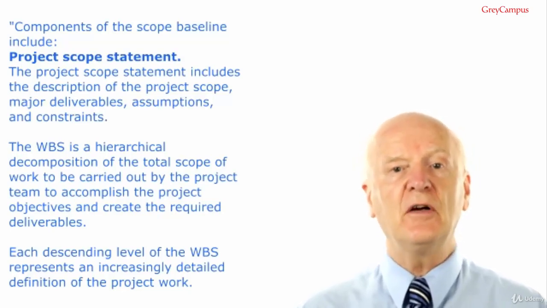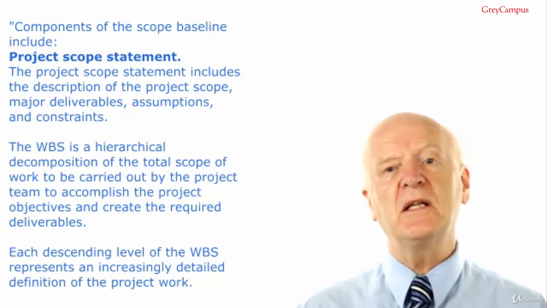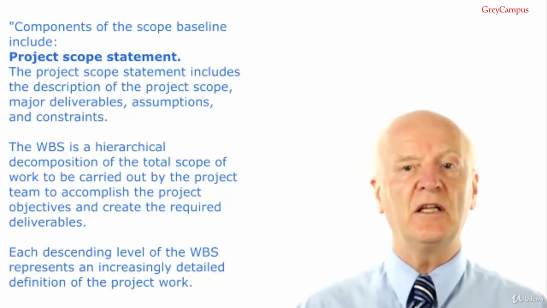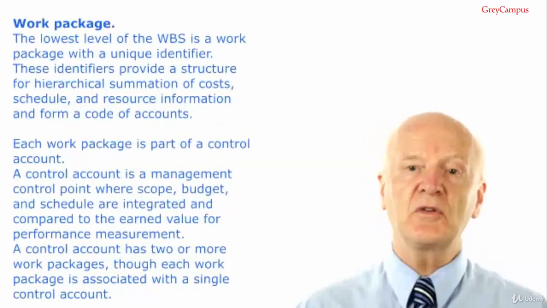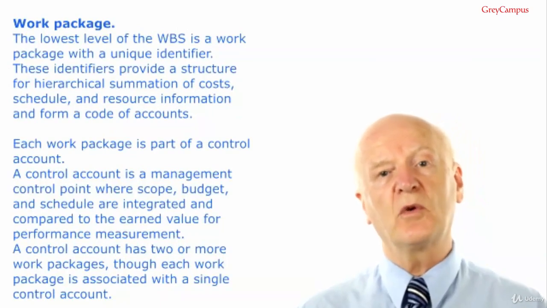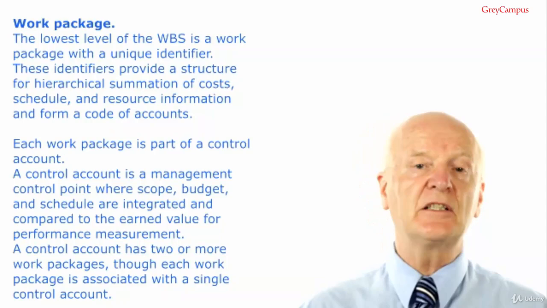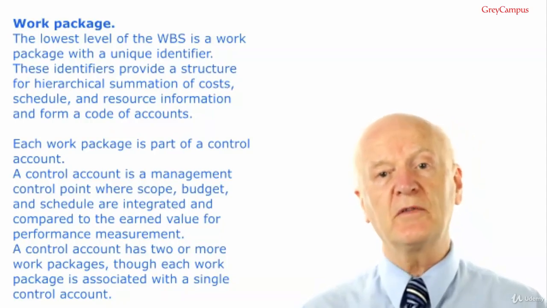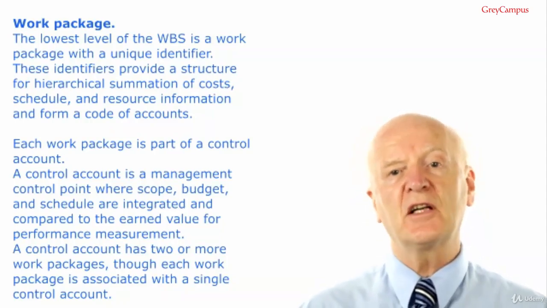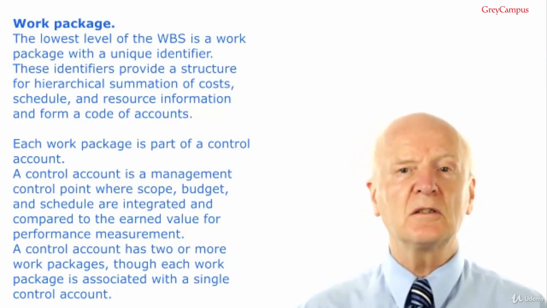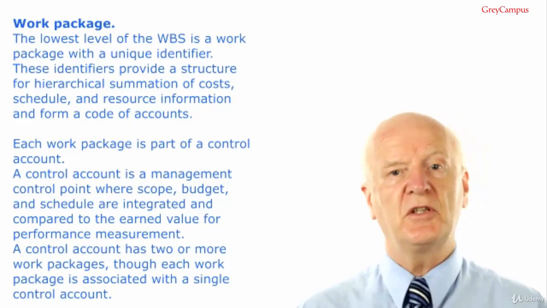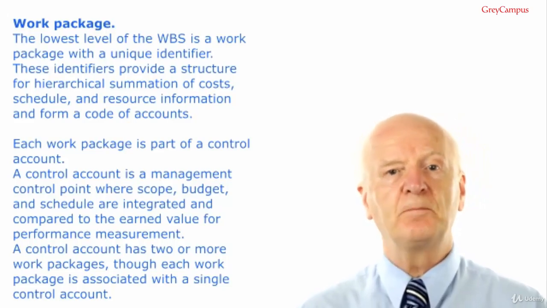Each descending level of the work breakdown structure represents an increasingly detailed definition of the project work. Work package. The lowest level of the work breakdown structure is a work package with a unique identifier which we saw was part of the code of accounts. These identifiers provide a structure for hierarchical summation of costs, schedule and resource information.